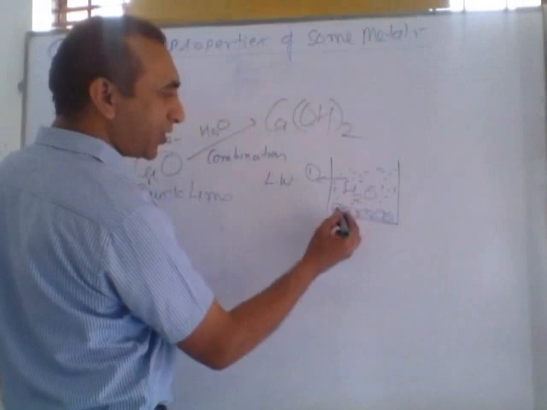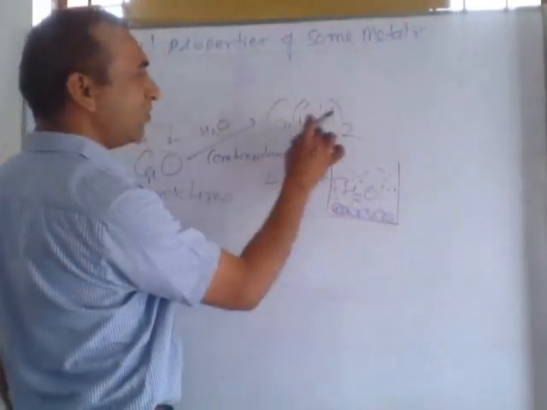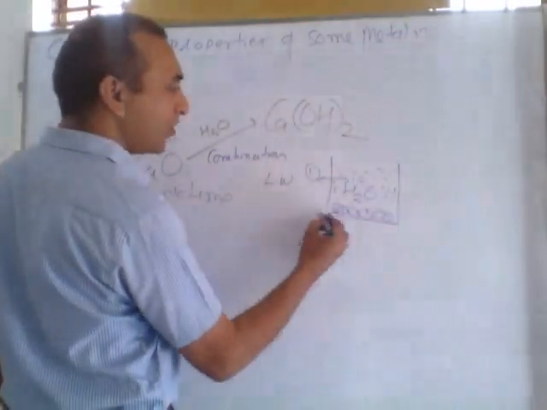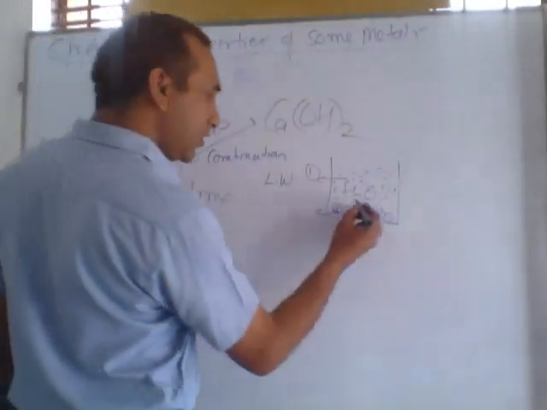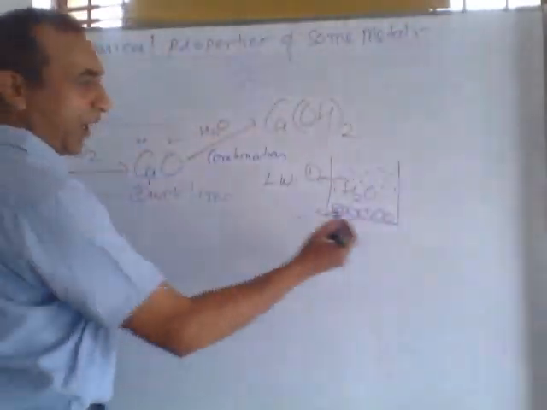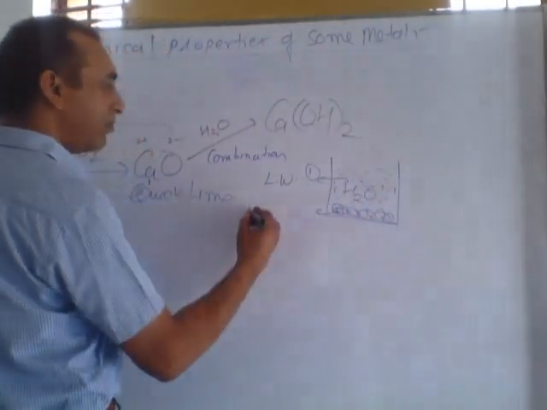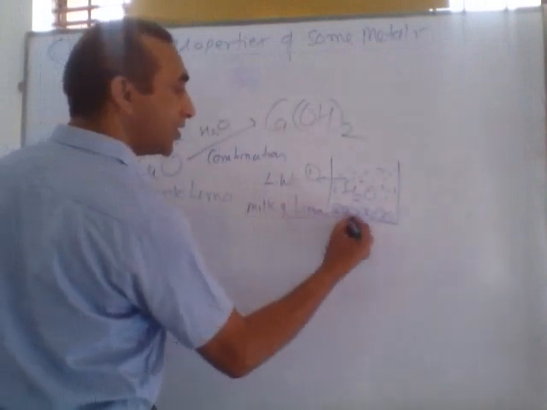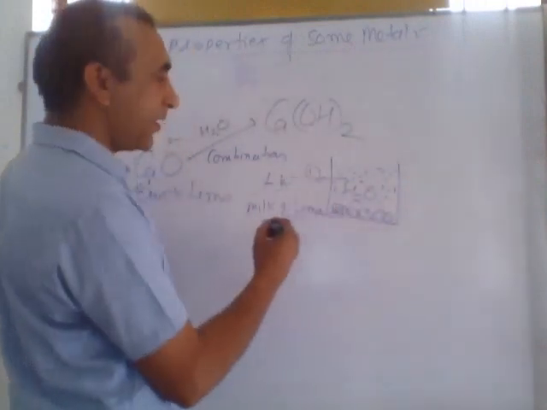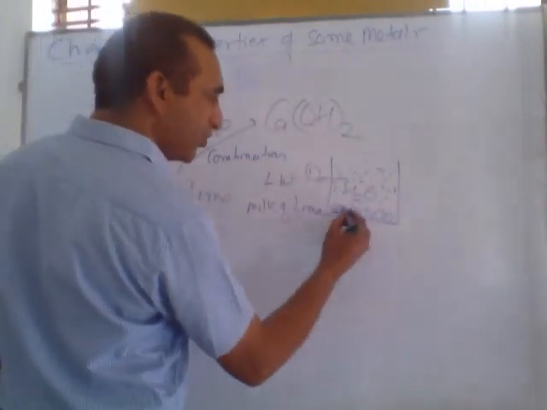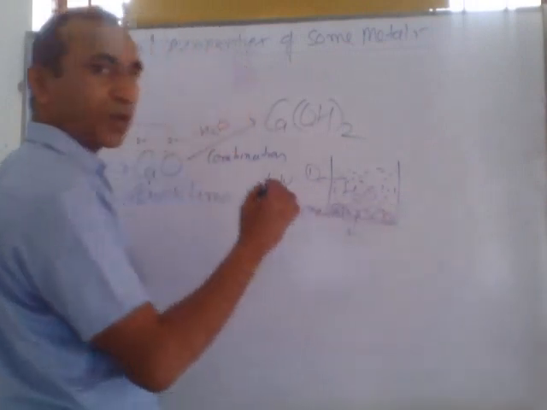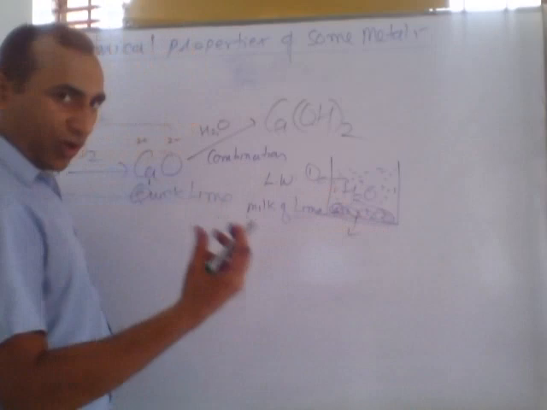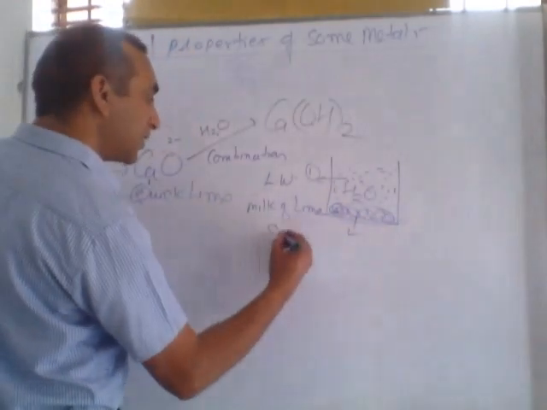Its maximum quantity settles down because calcium hydroxide is not completely dissolved in water. The maximum quantity precipitates. This wet and fresh precipitate is called milk of lime. This is actually a suspension. If we remove this precipitate and dry it, then the dry solid compound is called slaked lime.